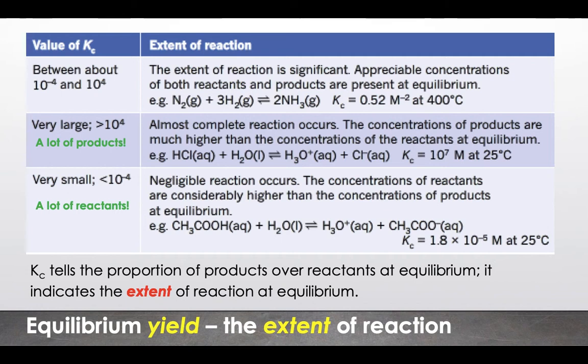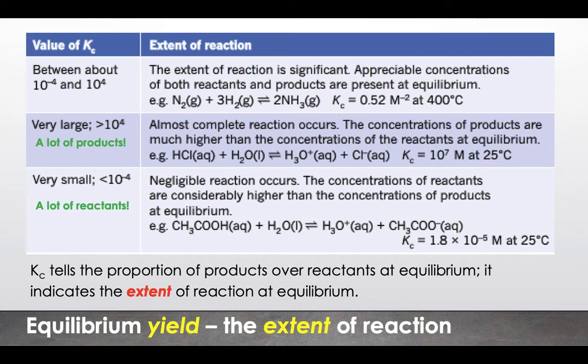It means that when the system has reached equilibrium, there will be a significant proportion of products as well as a significant proportion of reactants. Okay? So those kinds of reactions are what we want to manipulate so as to obtain the desired products.